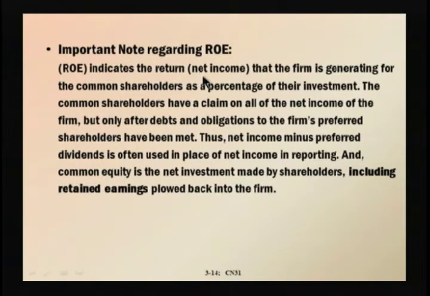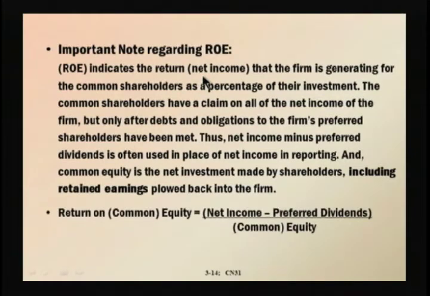So in that numerator for return on equity, if the firm has preferred stock, the preferred dividends come off of the net income, and we use what's called net income available to common shareholders in the numerator. And it looks like this: the net income minus the preferred dividends. And again, the common equity there would be common stock plus additional paid-in capital plus retained earnings.